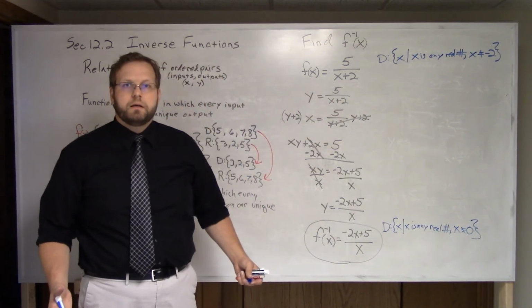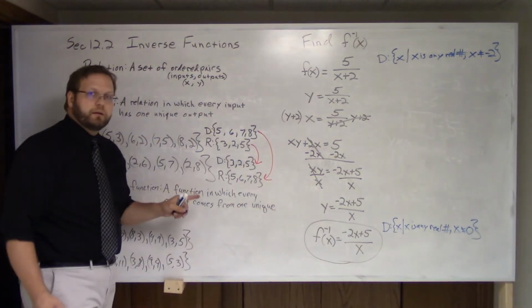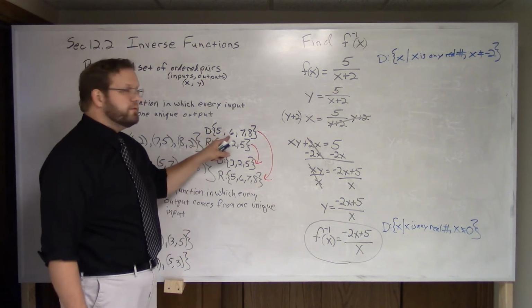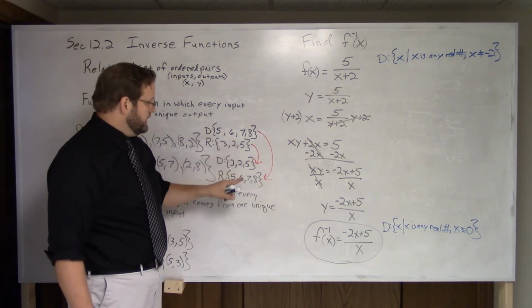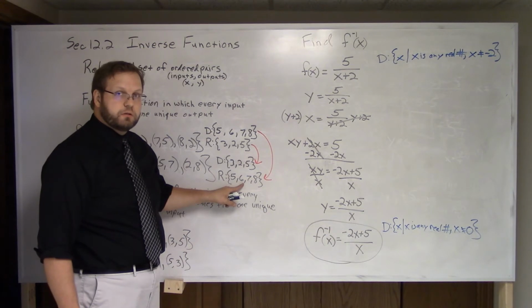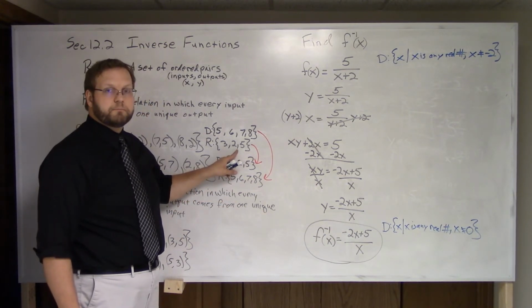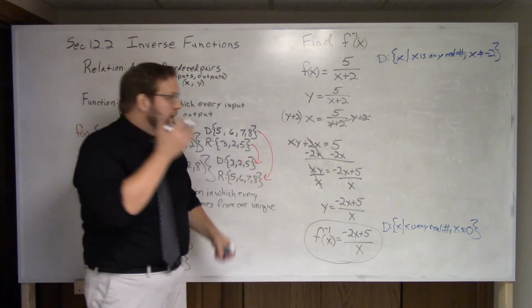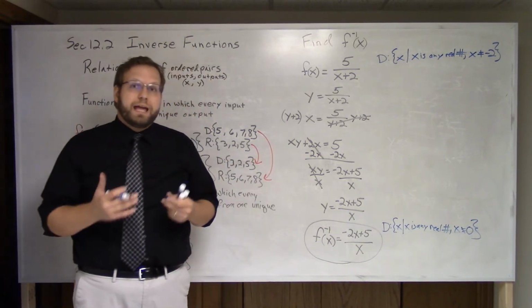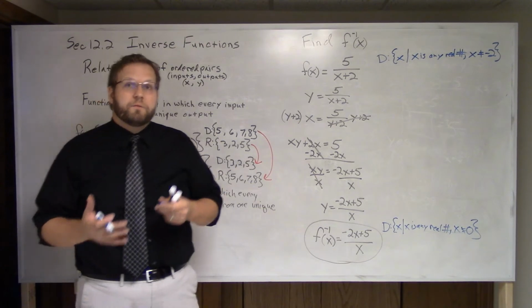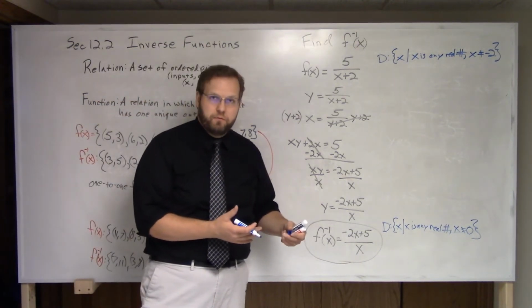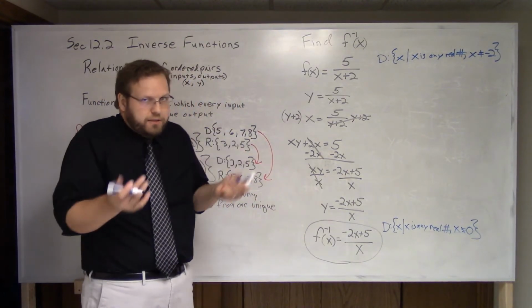Okay? Now remember what we were talking about here. The domain of the function is the range of the inverse. The domain of the inverse is the range of the function. So now, given the idea of inverse, we have an algebraic method for finding the range. We didn't have that before. We just found the domain and that's all we could do.